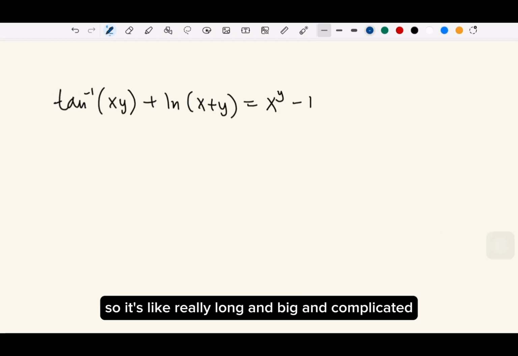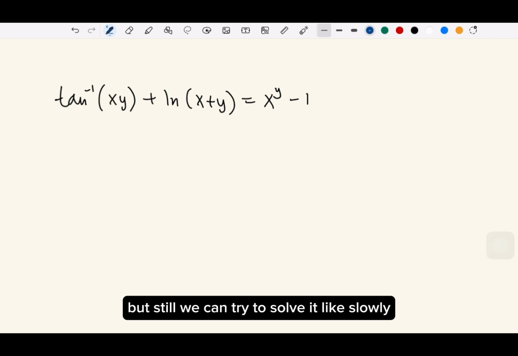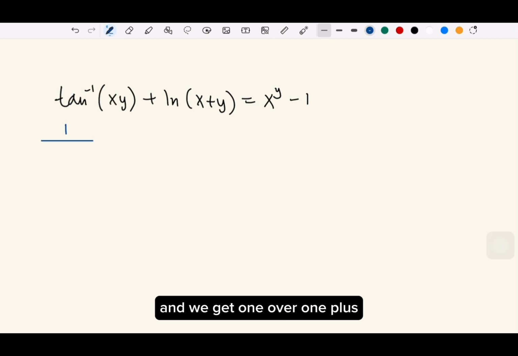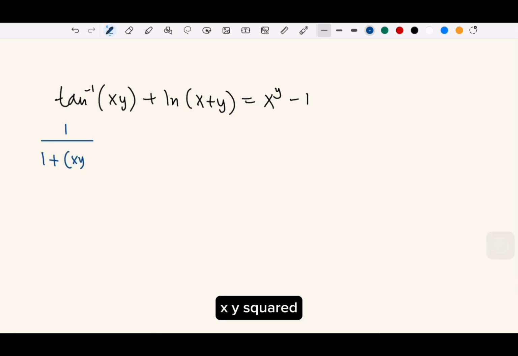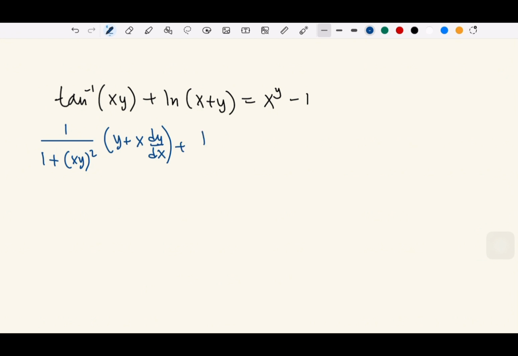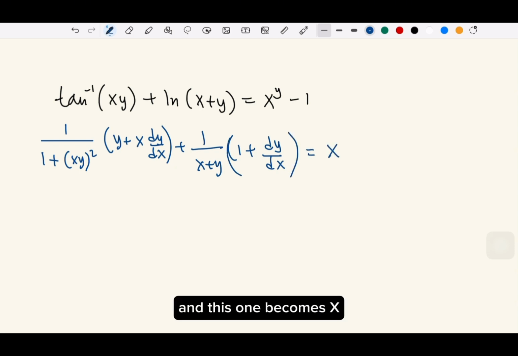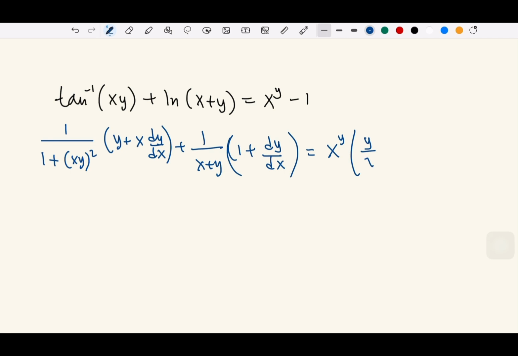It's really long and big and complicated, but still we can try to solve it slowly, and we get 1 over 1 plus xy squared. Okay, and this one becomes xy.